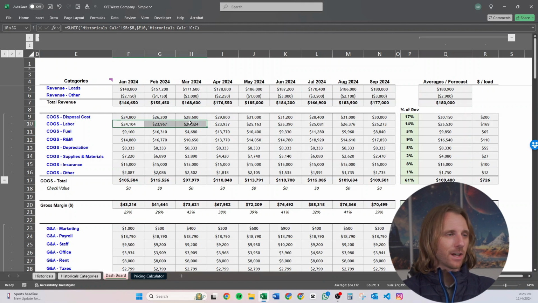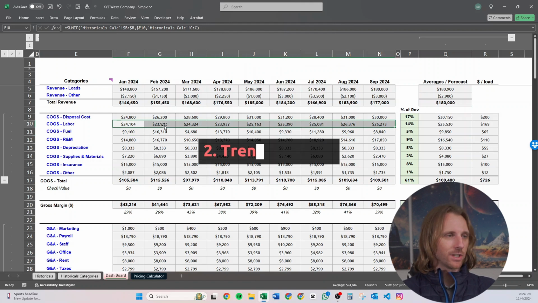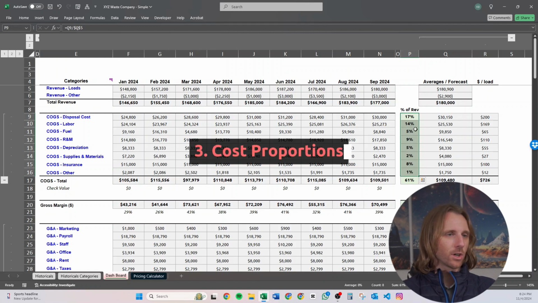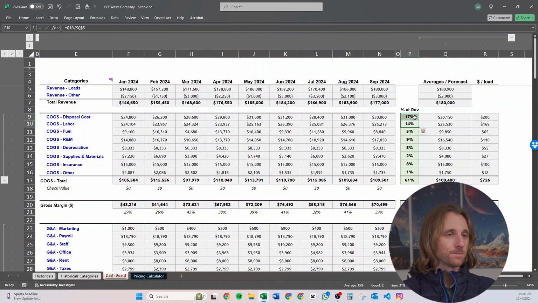Next, this is very valuable for trend analysis, where we can understand how our business might scale over rising and falling revenues. Also, we can determine what the composition of our cost truly is within our business. We can see here that the largest portion of our costs are coming from disposal and labor, for example. Not every single waste business is like this.